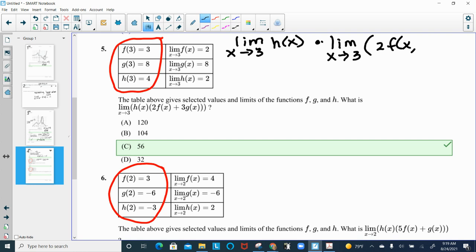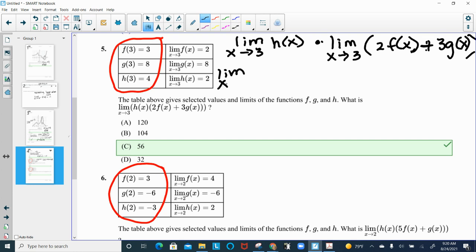Now I can write this out even more, and I'm going to. You won't need to once you get a little more familiar with it, but I just want you to see what this actually looks like, completely expanded. And that way you'll understand why you cannot use those function values, unless it actually said something else with a function value.